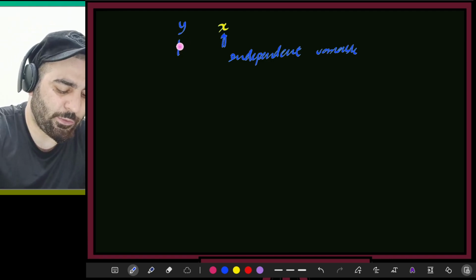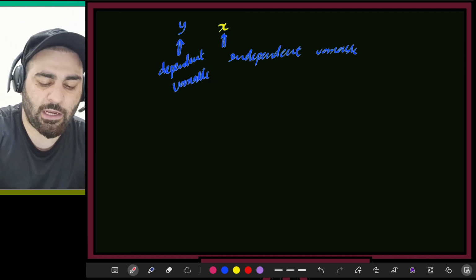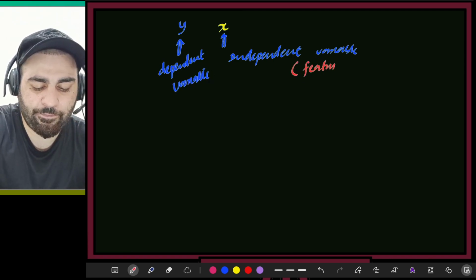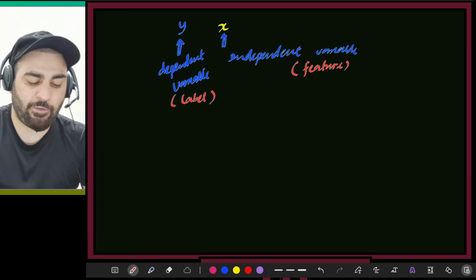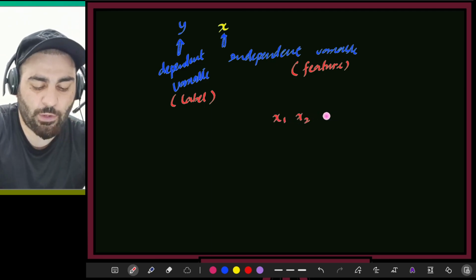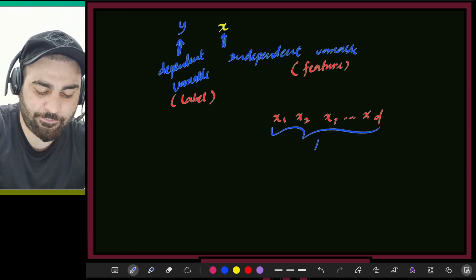Let's suppose this over here is my dependent variable. In machine learning I'll call this a feature, and I'll call this my label. So if I have x1, x2, x3 and so on till xd, these are my features.